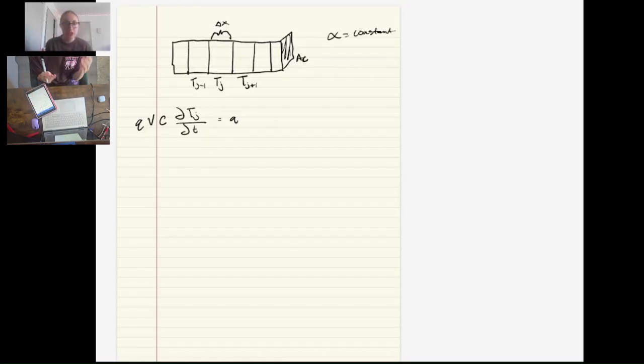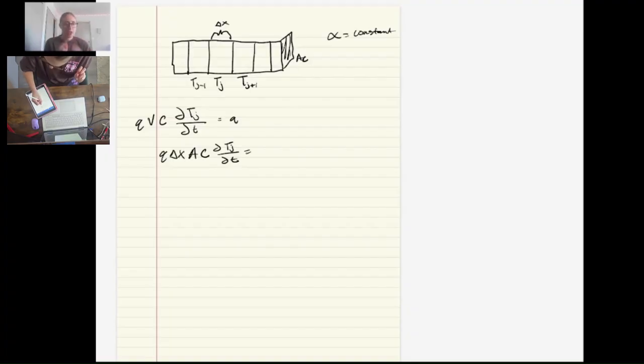That width is never going to change, and that area is never going to change, so it won't be changing with time either. So we're going to have our rho times our delta x times the area, I'm just going to keep it as area because we don't have any other areas, then our heat capacity times the partial derivative of TJ over the partial derivative of time.